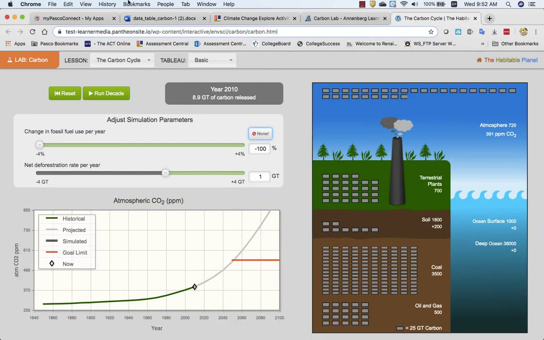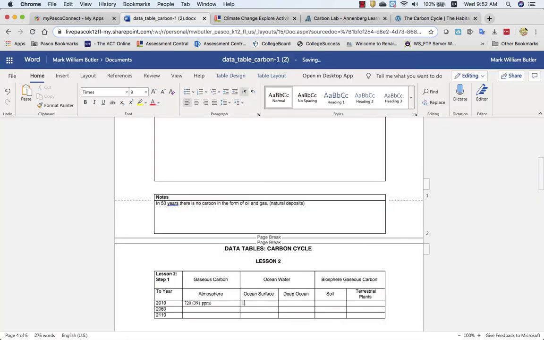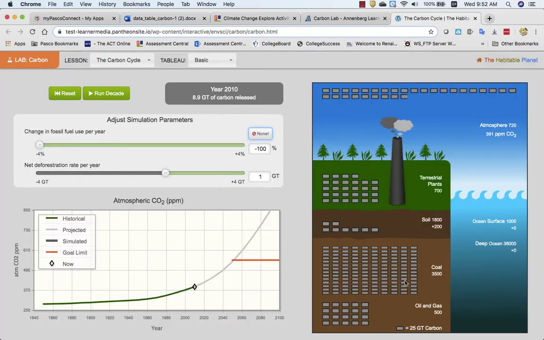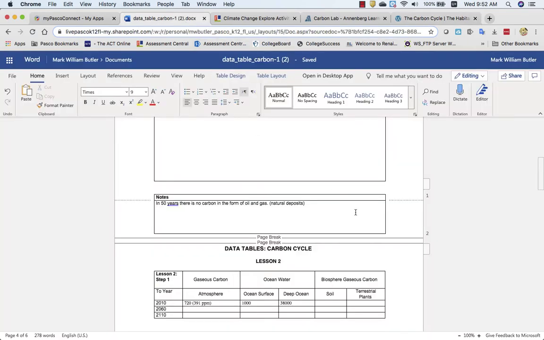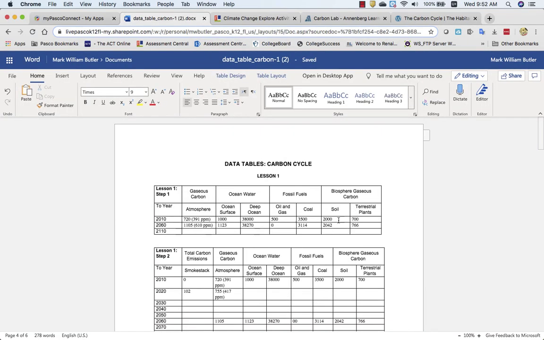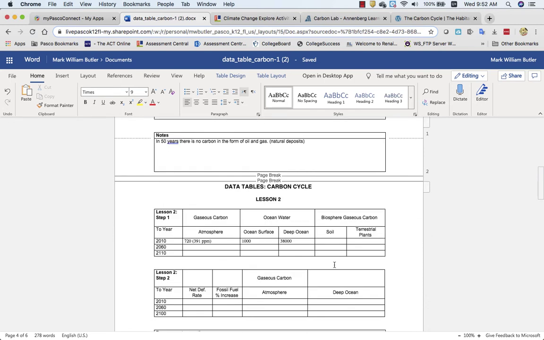Sorry, it was 1,000 and 38,000. And then it just wants soil and terrestrial plants, so we're skipping this part and looking here. It's 2,700. And again, this is already in your table up here, okay? 2,700, 2,000 and then 700.